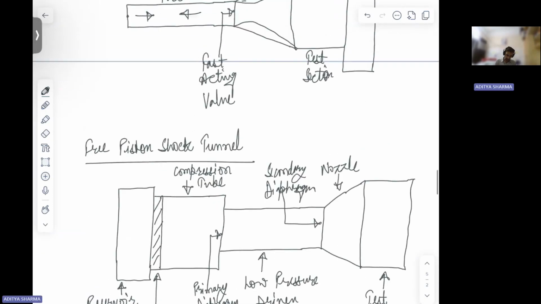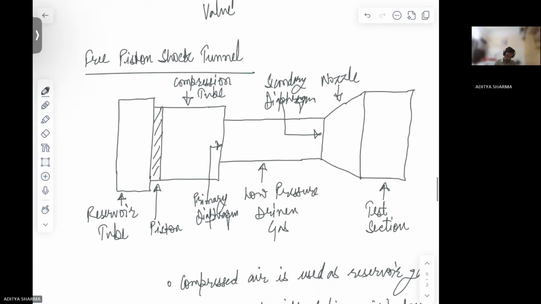So different types of setups till now we have seen.